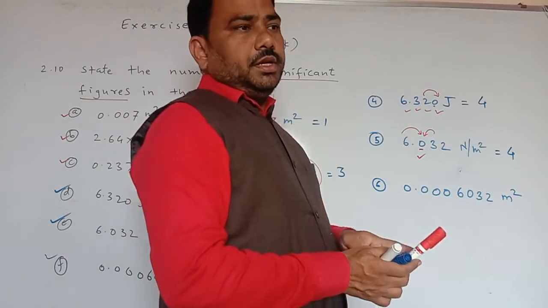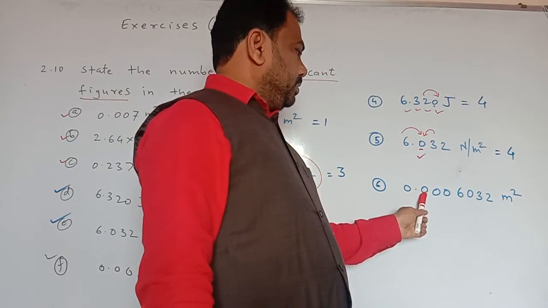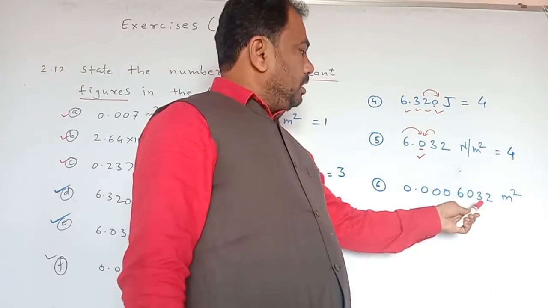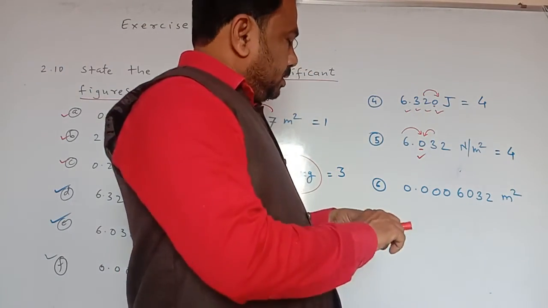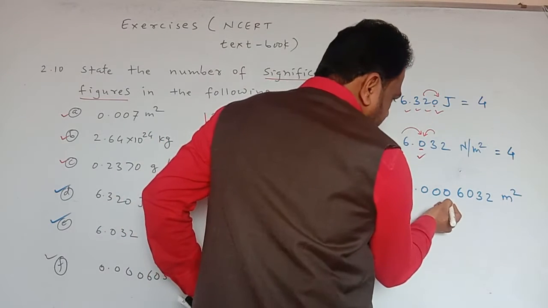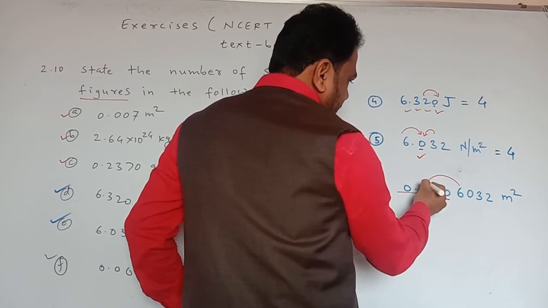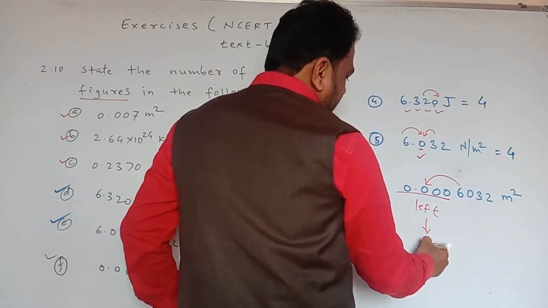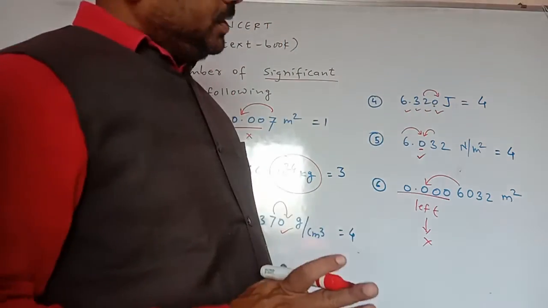Here the position of zeros: all these zeros are present on the left side, so they are not considered significant figures.